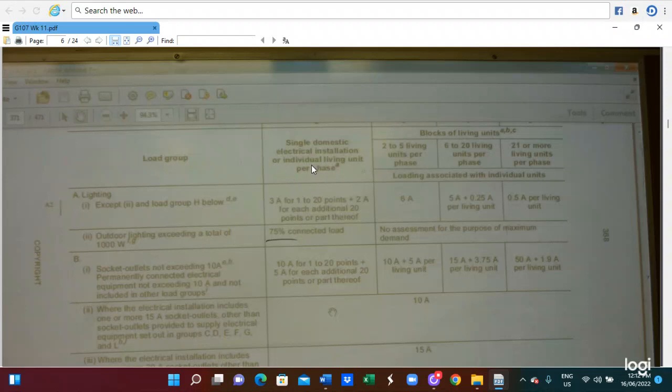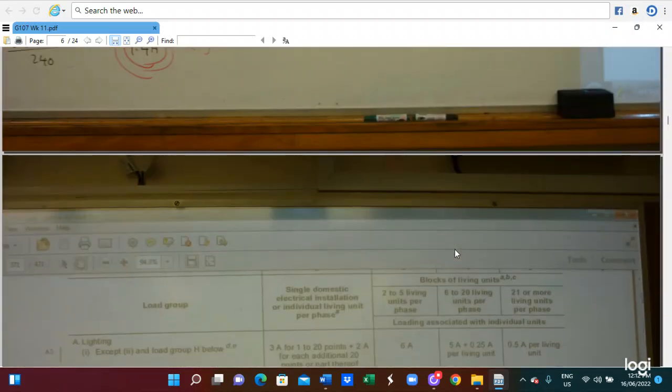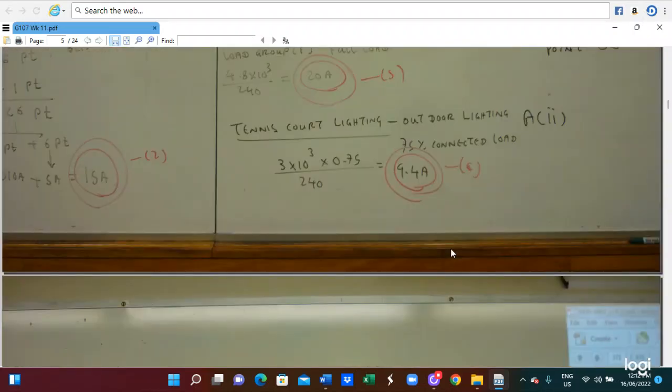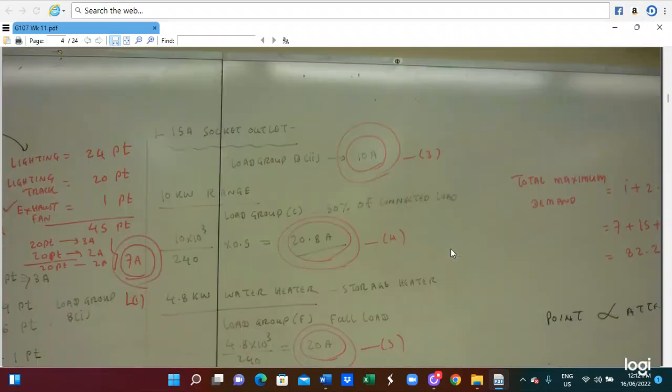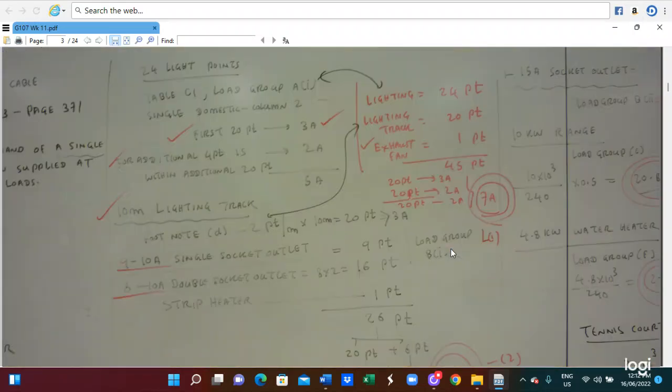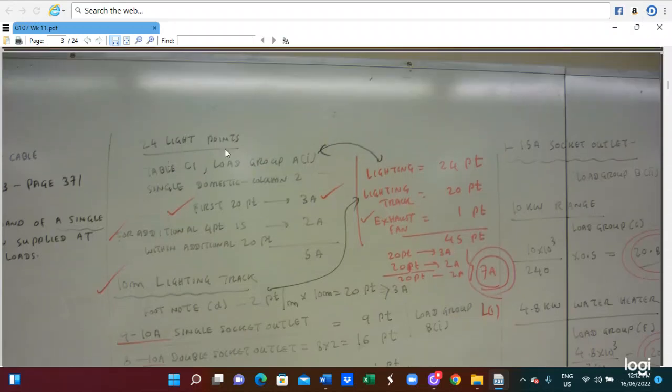This is the single domestic, this is the multiple domestic living. This is for the houses, all the local A1 lighting. We have to select this group, and for the outdoor lighting, we have to select this group. This is Table C1. Based on Table C1, we categorize the kind of load and determine the maximum demand. So firstly, we are talking about the 24 lighting points.